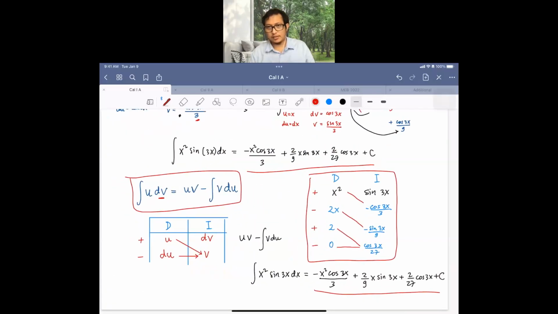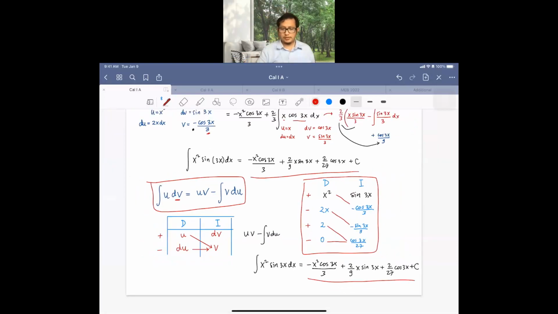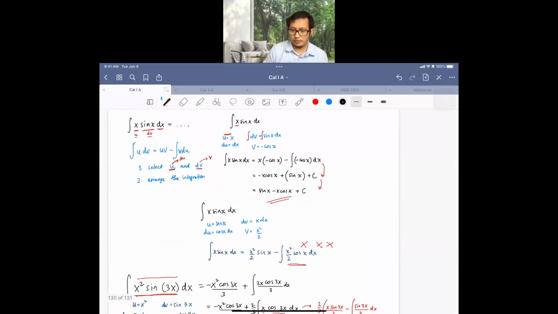For this DI method, there are no restrictions or rules, but whenever you are dealing with the functions, maybe I will give you another example so you can have more insights or inspiration for the idea. Okay, let me give you more on the other integrations.